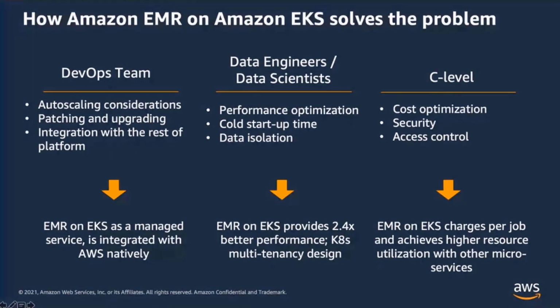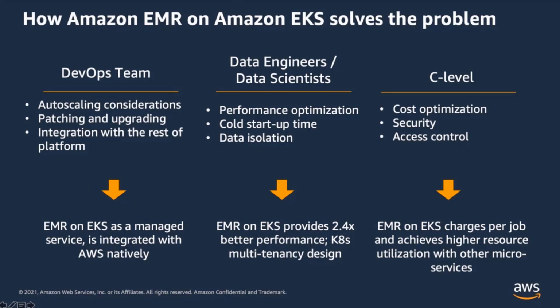If you're part of the data engineers team or the data scientist team, you may also want much better performance for running your Spark workloads. As we said earlier, EMR EKS provides 2.4 times better performance. So you don't need to spend time tuning your parameters or optimizing your application.